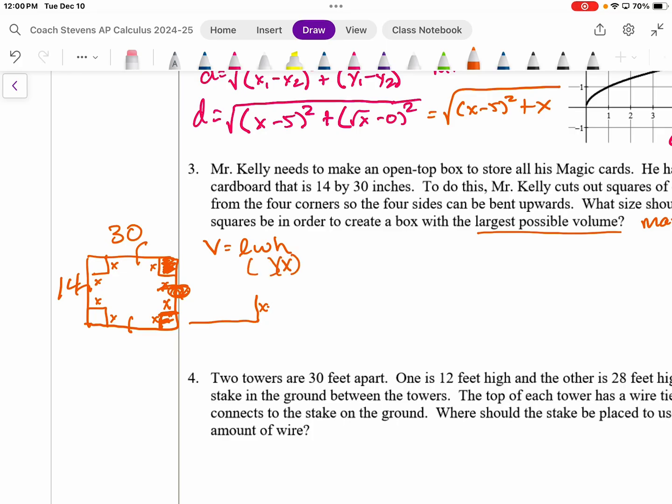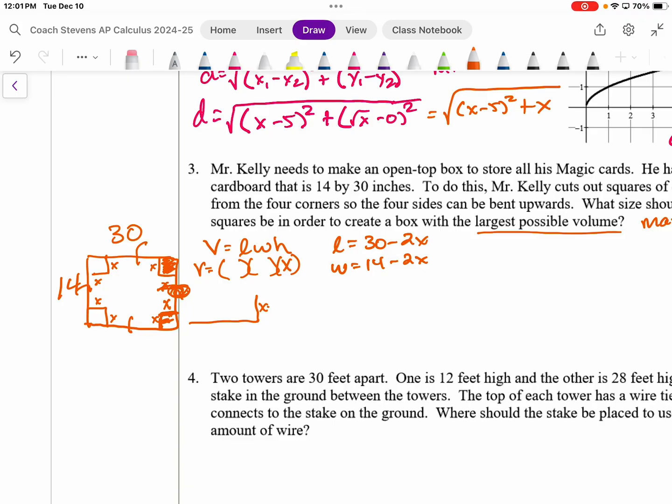Now that lets us know that we need to change our length and our width to have x as part of its variable. So length equals 30 minus 2x. Width is equal to 14 minus 2x. Now, why did I do 2x? Yeah, I'm cutting x out of each side.